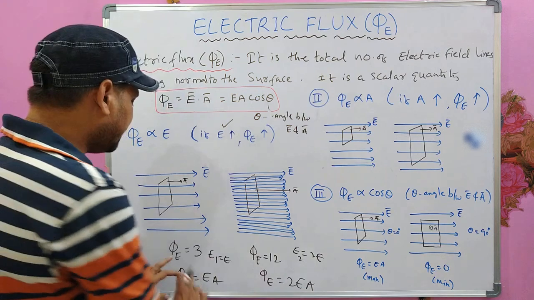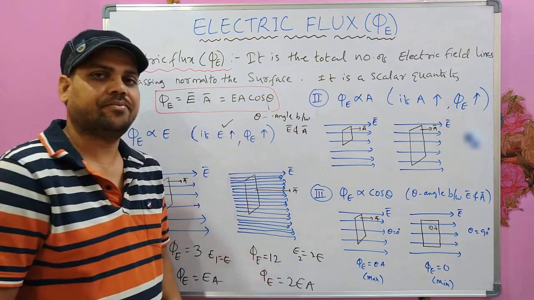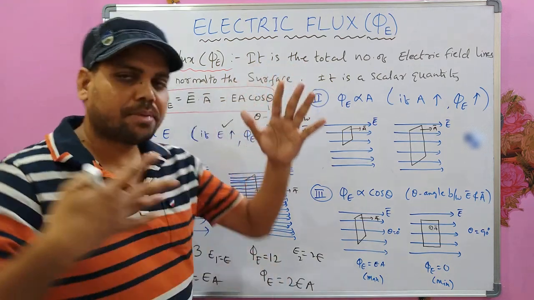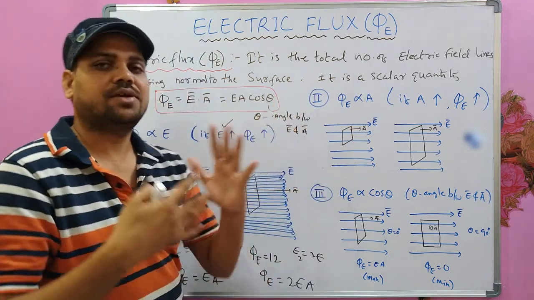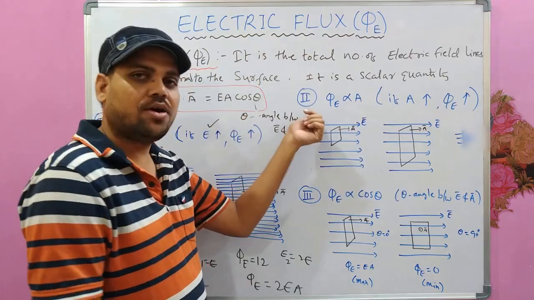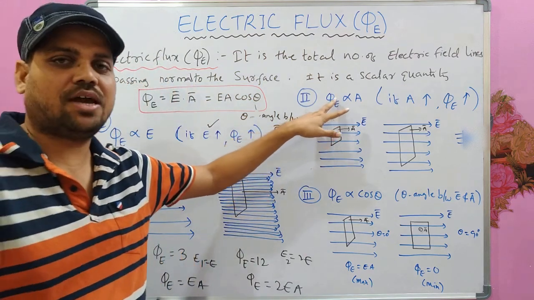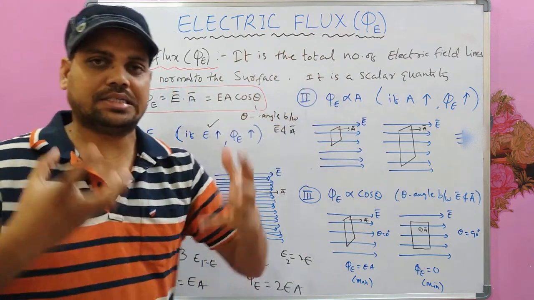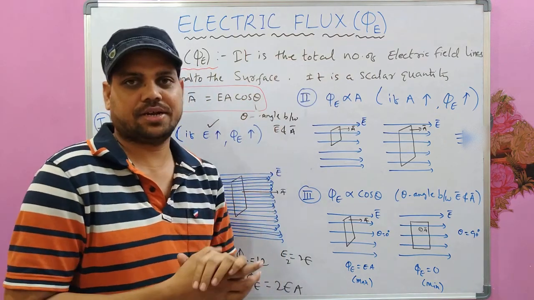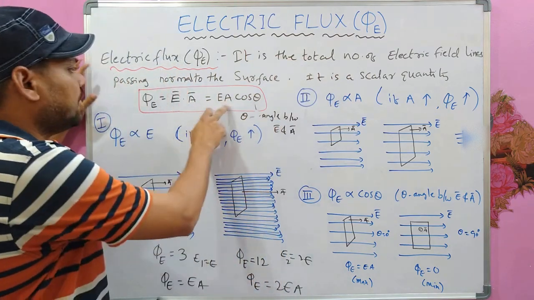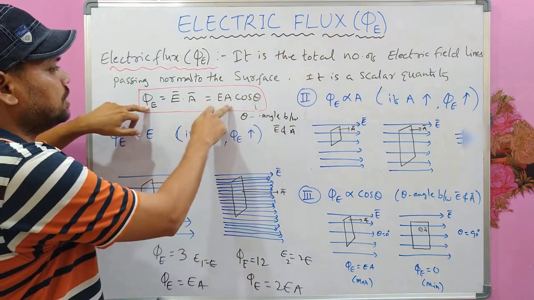But to make you understand, I have just taken these numbers, because flux is the number of electric field lines passing through that surface normally. Now we will see how electric flux linked to the area depends on the area of the surface placed in the electric field. From this formula, phi E is proportional to A also.